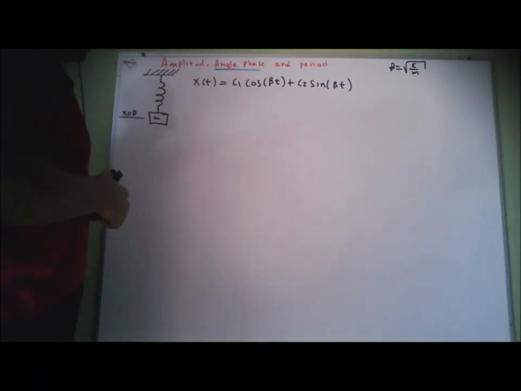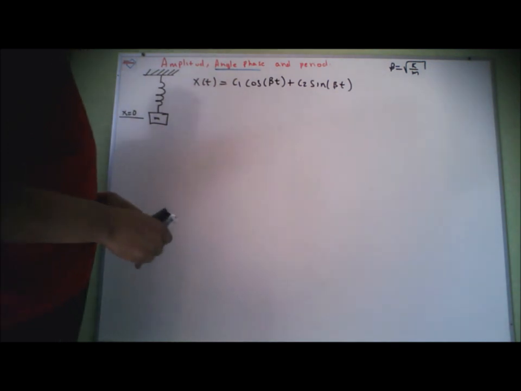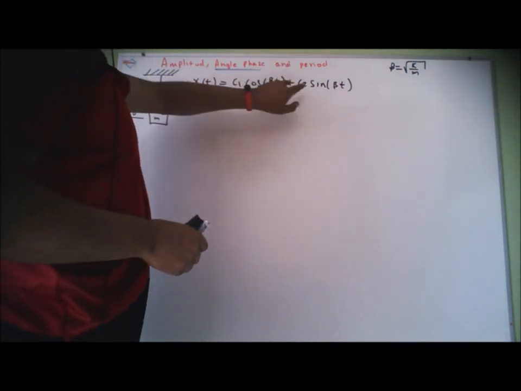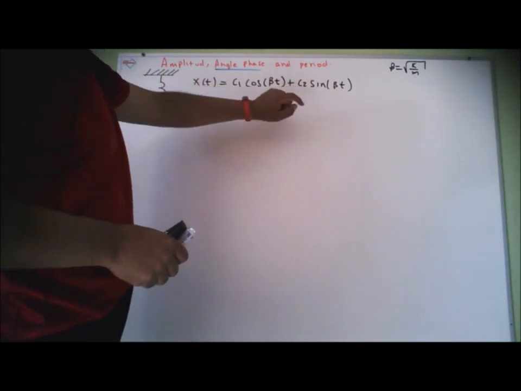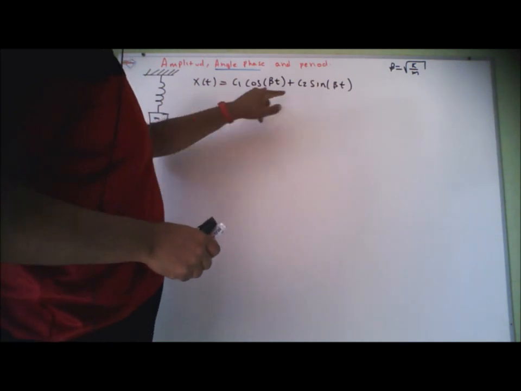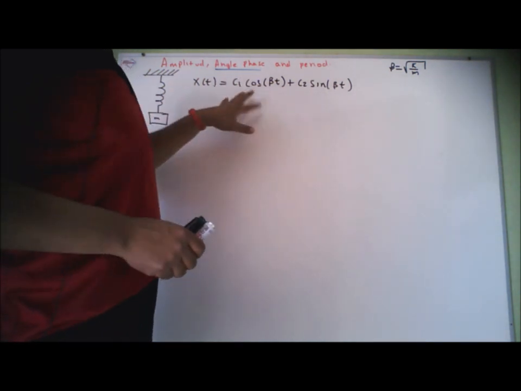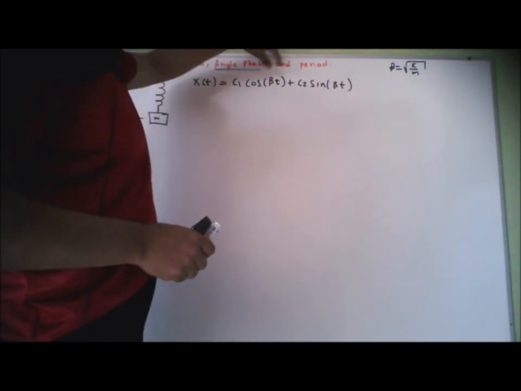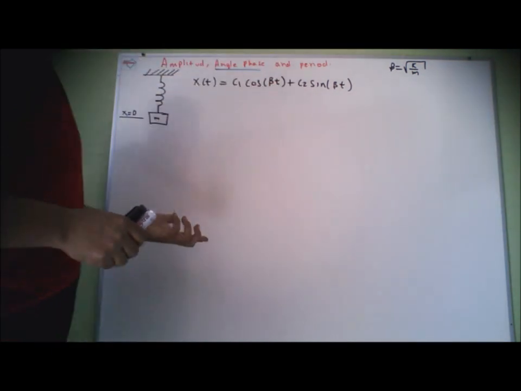What we need to calculate is the amplitude. If there were no cosine, the amplitude would be this, or without the sine, this would be the amplitude. But what happens if you have both? Which is the amplitude? Is it C1 or C2, or a combination of them?